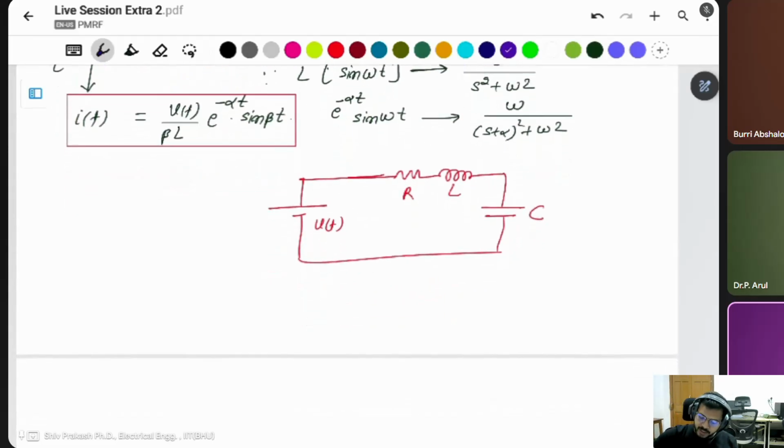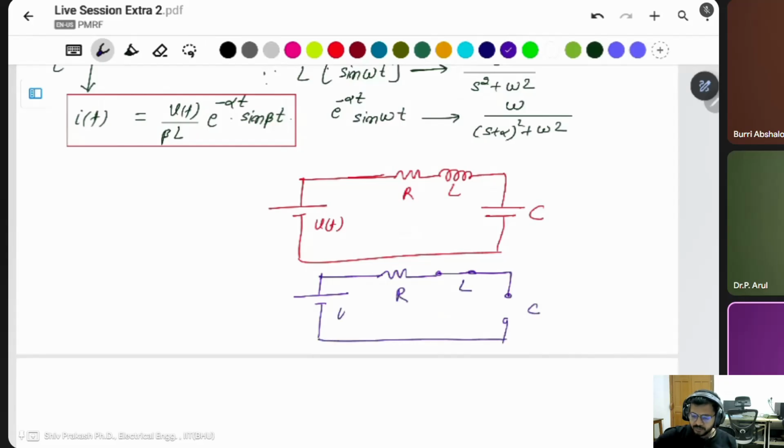If you apply the circuit, then you know in steady state the resistor is the same, inductor will be short circuited, and capacitor will be open circuited. This will not work. It means the current will be zero in this circuit.